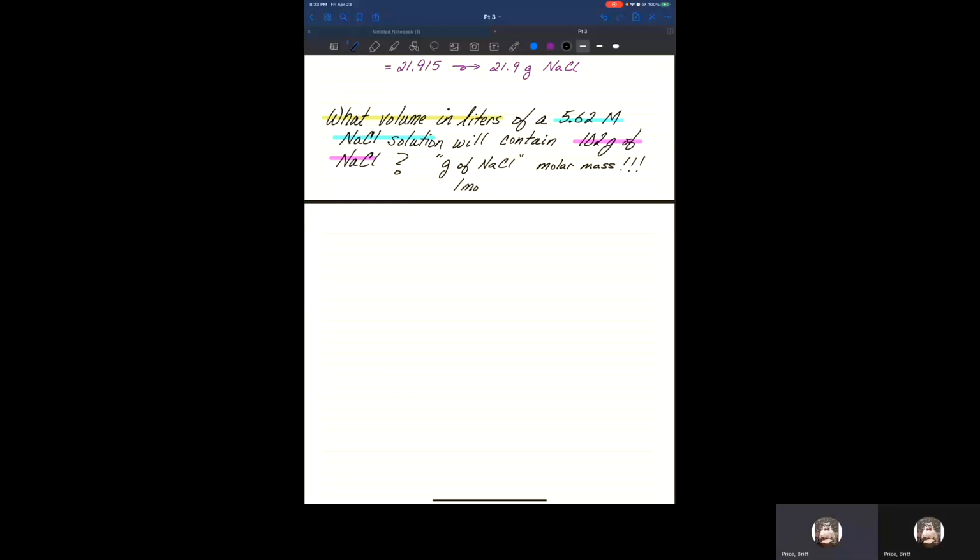One mole NaCl is still 58.44 grams. The other piece that just absolutely screams to me is 5.62 molar.